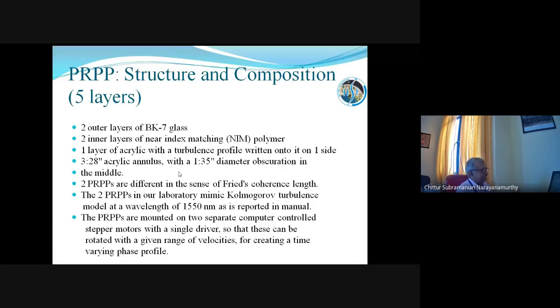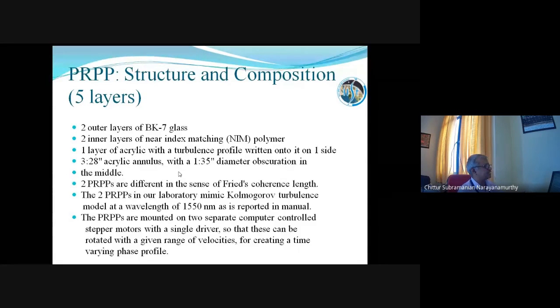The 2 PRPs are different in terms of the coherence length. The PRP in our laboratory mimics atmospheric turbulence at the infrared wavelength of 1550 nanometer, as reported in the manual of the one we purchased. This is mounted on 2 separate computer-controlled stepper motors with a single driver, so it can be operated at different velocities for creating time-varying phase fluctuation of atmospheric turbulence.